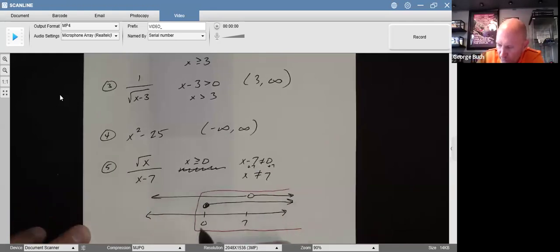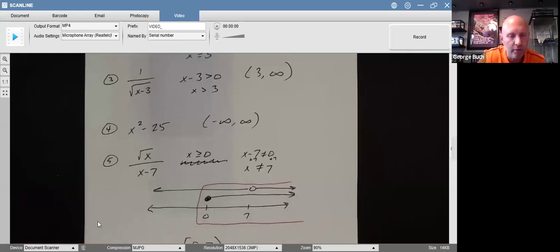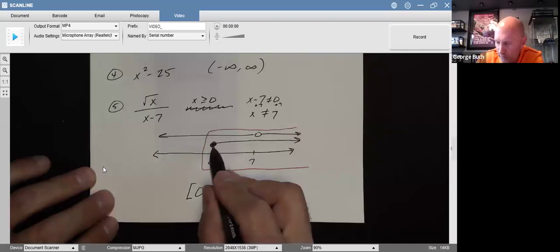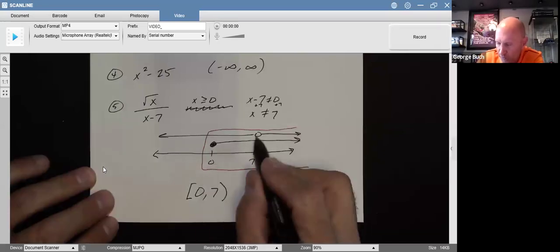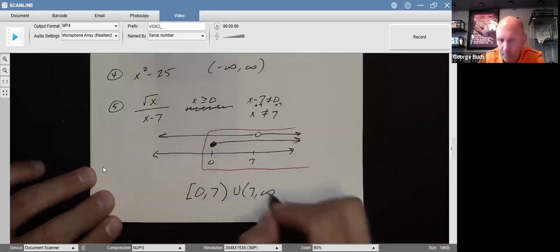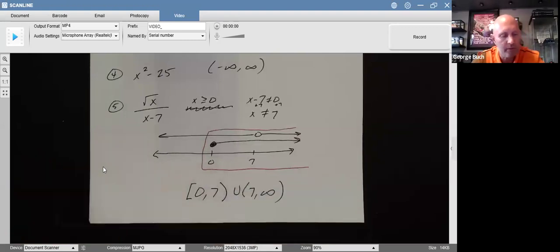So 0 is included because it's a closed circle, so it's bracket 0, go up to 7. 7's not included. Whoops, sorry. Let me move the paper up there. Hold on just a second. Sorry about that. So 0 is included up to 7, which is not included, so it gets a parenthesis. Then start at 7 again, go up to positive infinity. So that would be your answer for number 5.